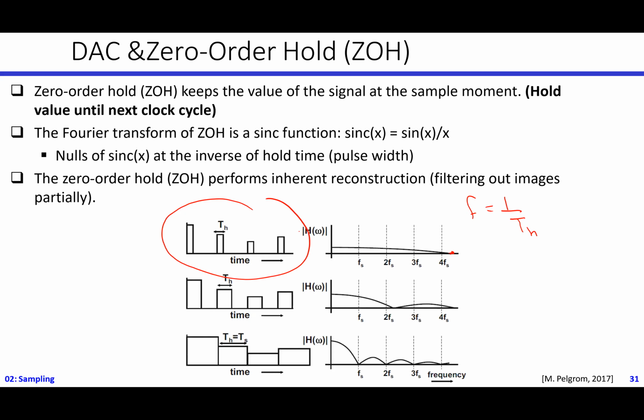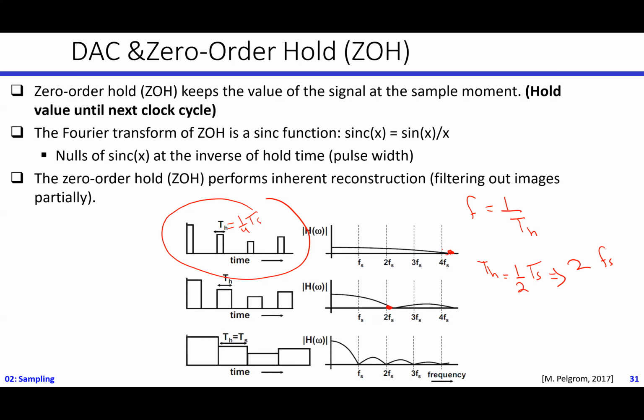If TH is half of TS, this means my nulls will be at 2 times my sampling frequency. The nulls come almost there; this figure is not drawn well. Now, if TH is 1/4 of your TS, where will the nulls come?